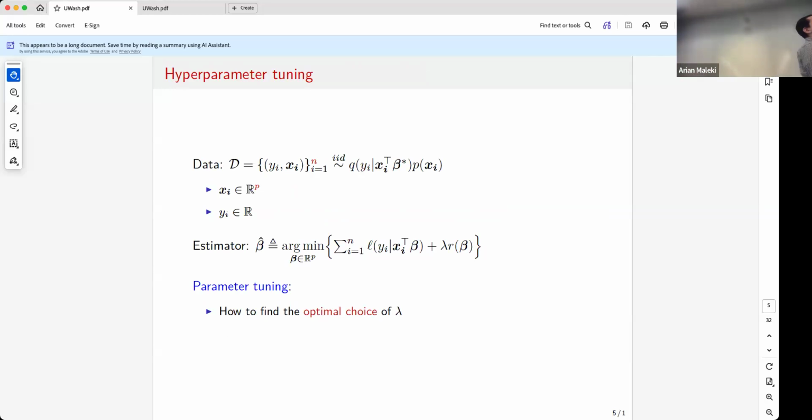For most of the regularizers, if I let lambda go to infinity, beta hat becomes 0. And if lambda is equal to 0, usually the estimator has high variance. So the optimal choice of this hyperparameter lambda is of interest for most machine learning applications. And the question is, how do we want to find the optimal choice of lambda?